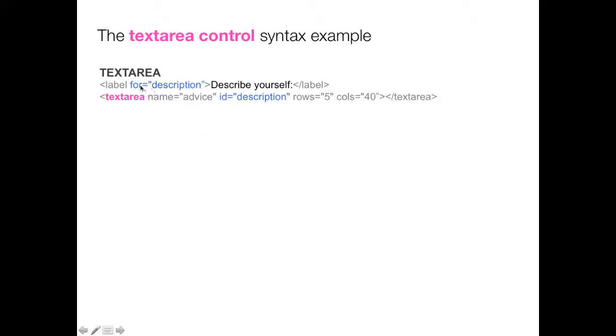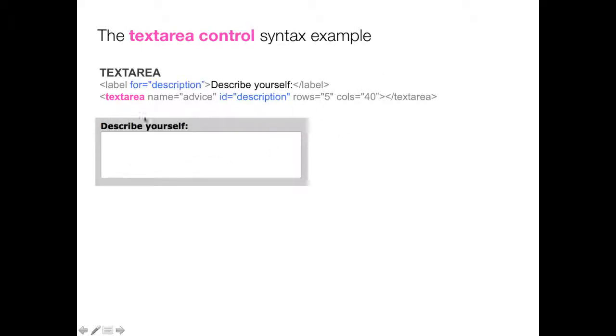We are creating the link between the phrase and the text area by giving the same value, description, for the for attribute and the ID attribute, and we are specifying how big we want the text area to be by specifying a number of rows and a number of columns, which are invisible, by the way. So we get this nice text area.